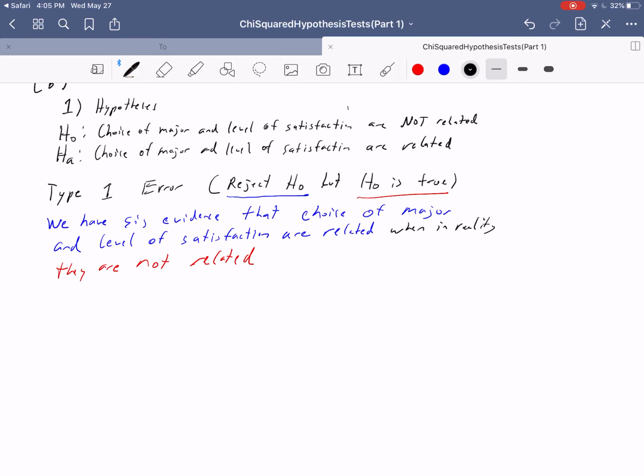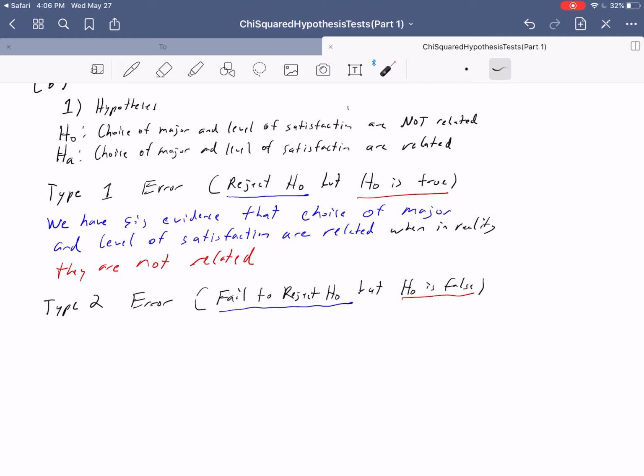All right, let's go ahead and talk about the type 2 as well. Type 2 error, again, in general, is a fail to reject H0, but H0 is false. So this is where the decision we make is to fail to reject H0, but H0 is actually false. So what would it mean to fail to reject H0?